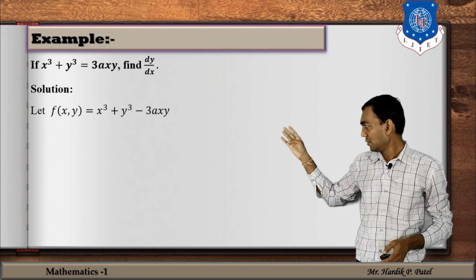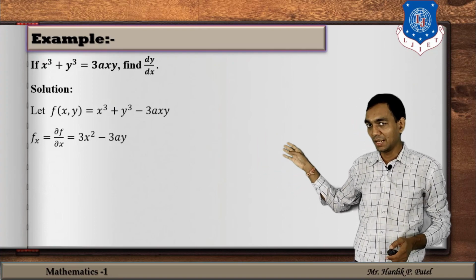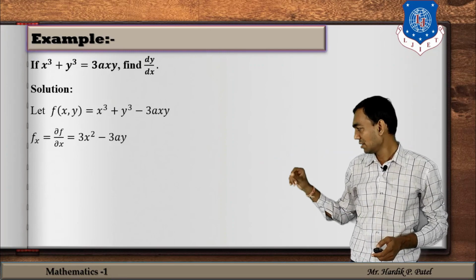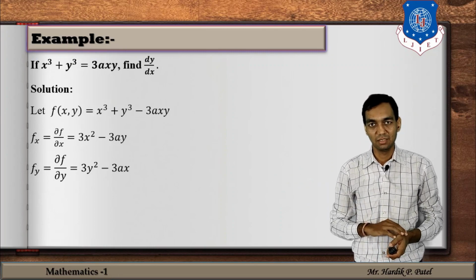Now first we are differentiating f with respect to x, that is del f by del x is equal to 3x square minus 3ay, and in the same manner del f by del y will be 3y square minus 3ax. Correct?